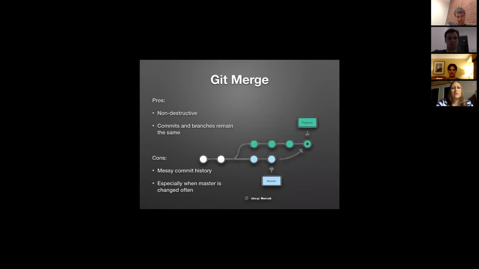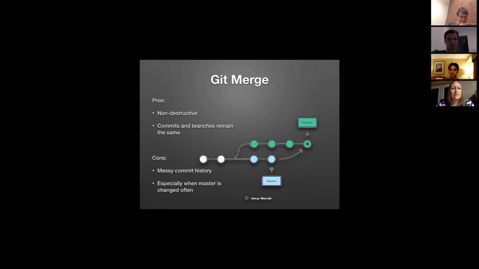All right, so Git merge, everybody does it. It's kind of the easiest way to merge your commits. And there are pros, obviously. It's non-destructive, which means it keeps all your commits and your branches remain the same, so everything is intact exactly as you did it.